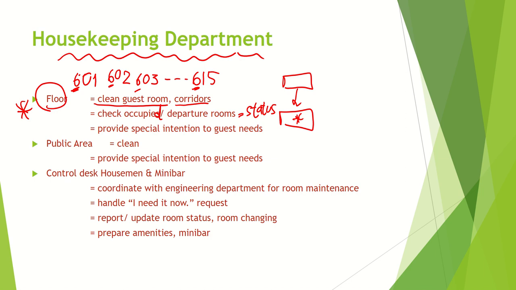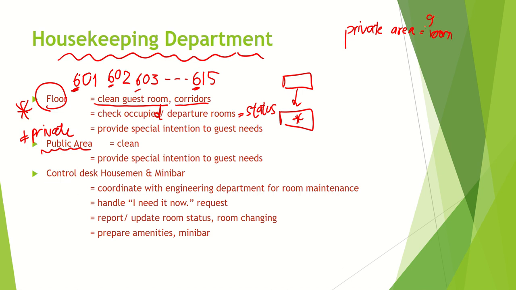Next department, next staff, is public area. Public is the opposite of the word private. Do you understand the word private? Private area. Now in the hotel context, when we talk about private area, what is it?